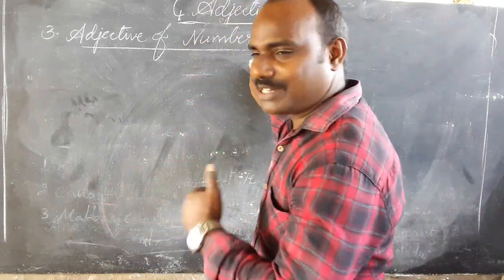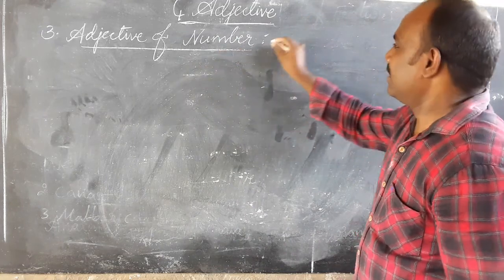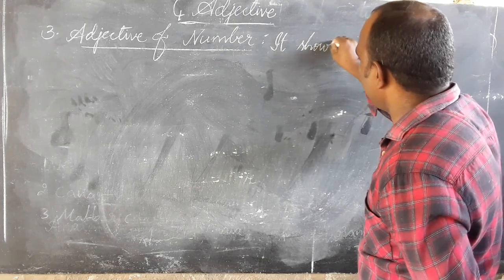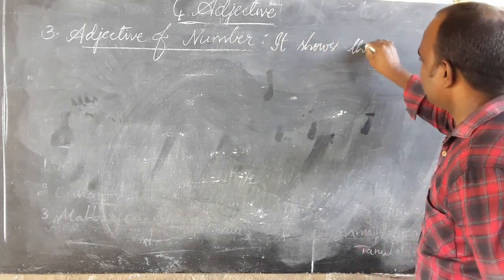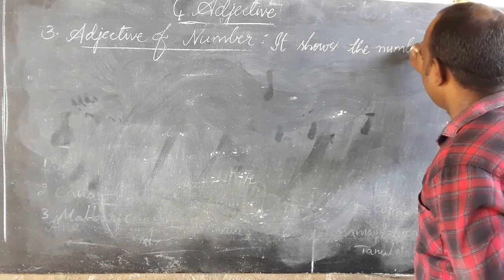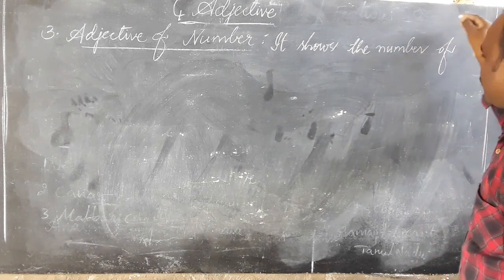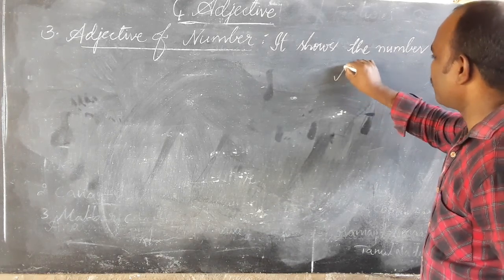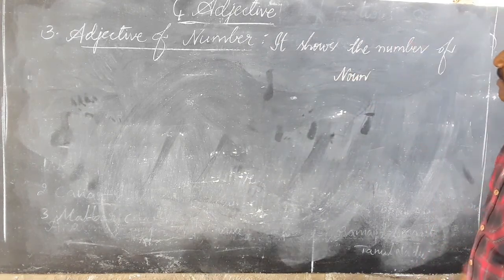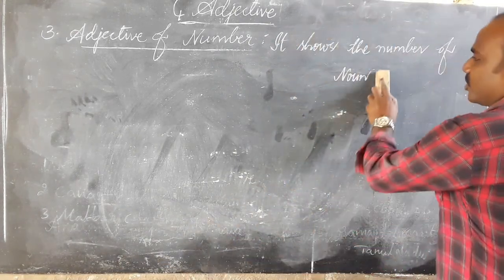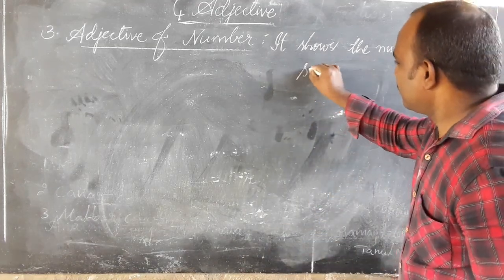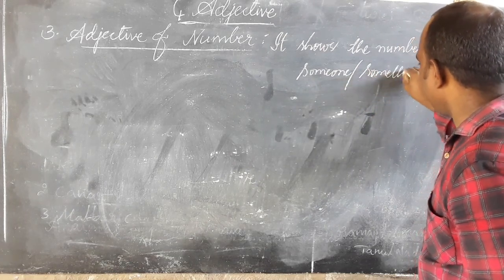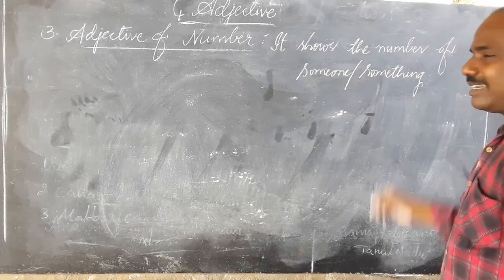You see, first of all, the definition of this one we'll see. Adjective of number. It shows the number of someone or something.